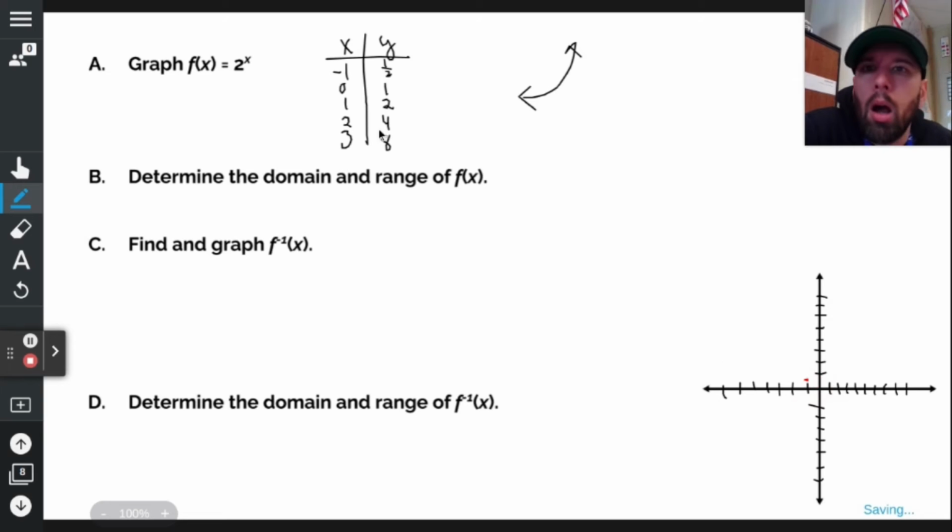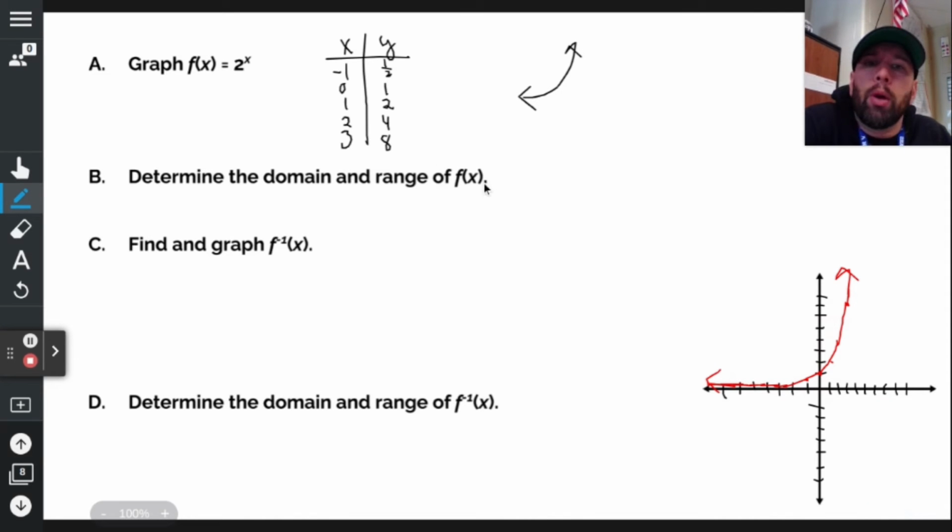Boom. 0 was 1. Boom. 1 was 2. Boom. 2 was 4, right? Boom. And then 3 was 8 somewhere up here. And then we get that nice exponential. It's flat right here and then starts to curve up and really curl up. Okay?